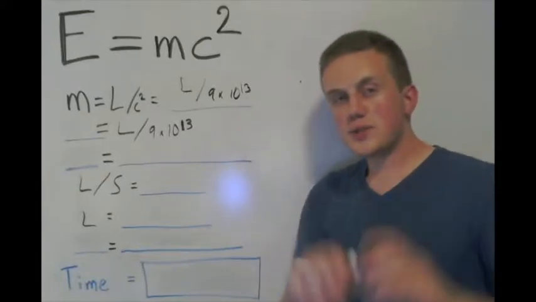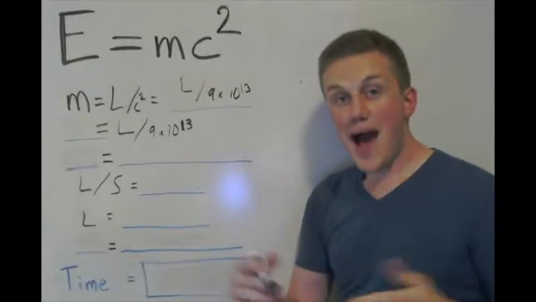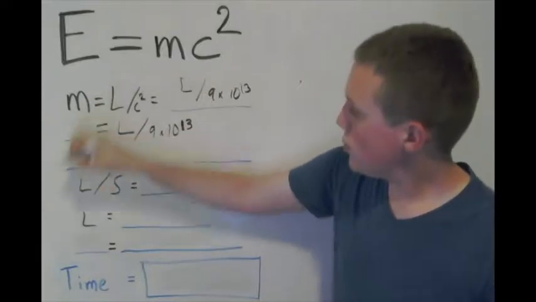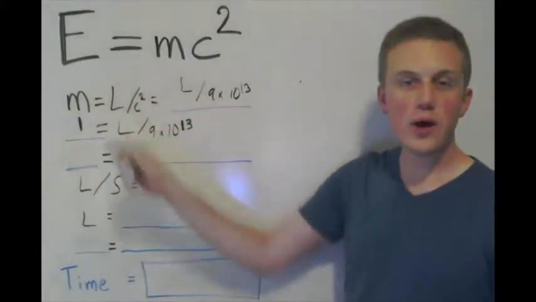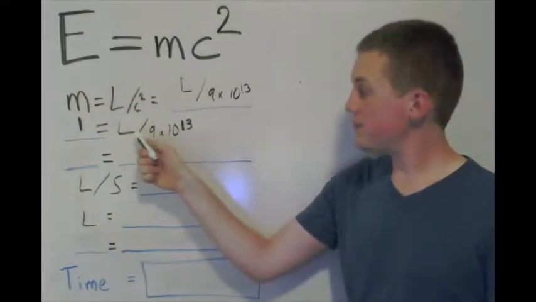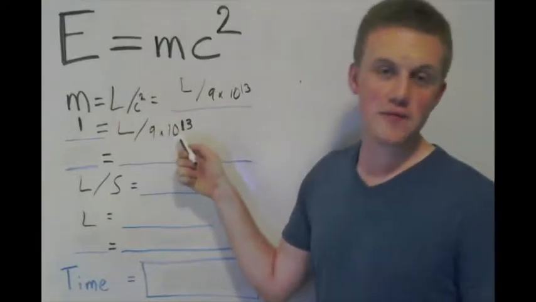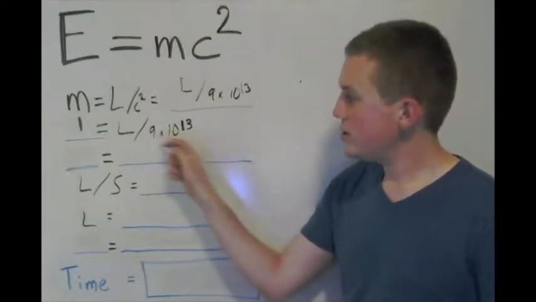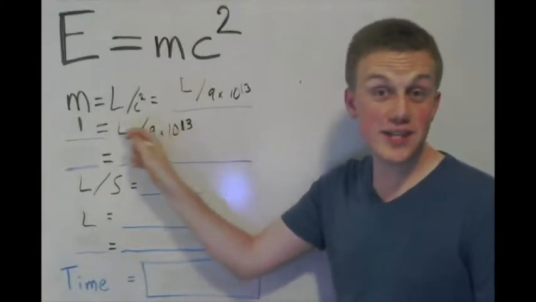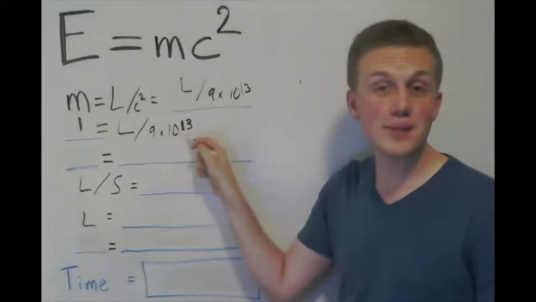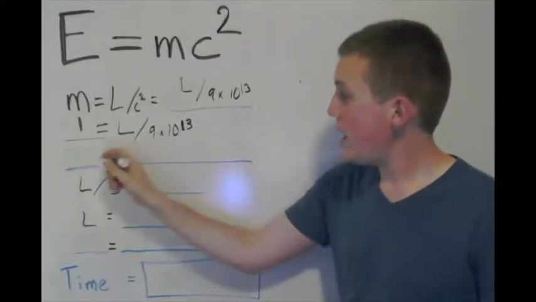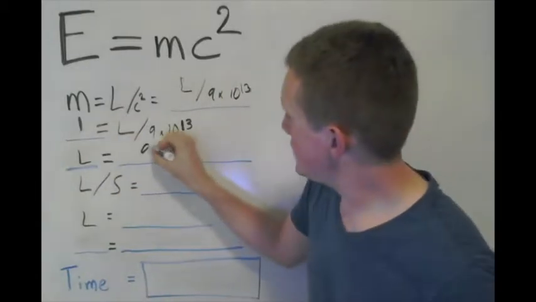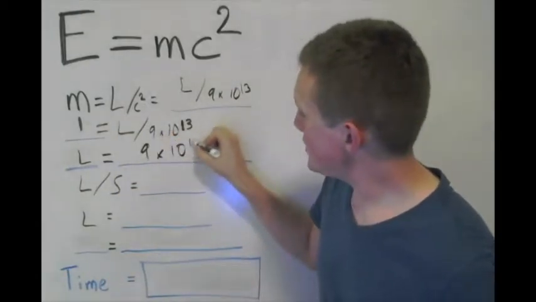Now, if we substitute 1 gram in for the mass, then we get 1 gram equals energy over 9 times 10 to the power of 13. If you want to solve for the energy, L, you can simply multiply both sides of this equation by 9 times 10 to the power of 13, and you get that L equals 9 times 10 to the power of 13.